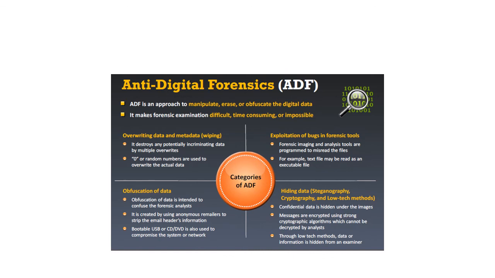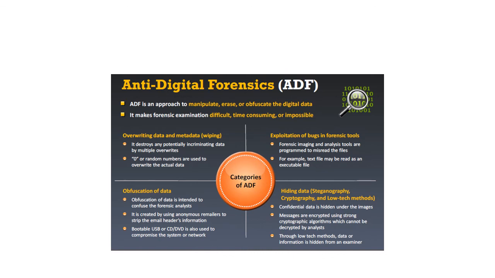Last but not least, we have what we call hiding data. On hiding data, one can use steganography or cryptography. Confidential data is hidden under images, that is steganography. The moment you hide data in an image, a video, or an audio file, we say that is steganography.